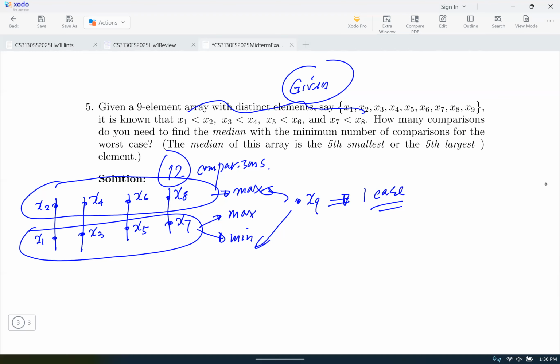But X9 being the solution is just one of the cases. You have many other cases, because other elements could be the solution. They didn't talk about the other cases.